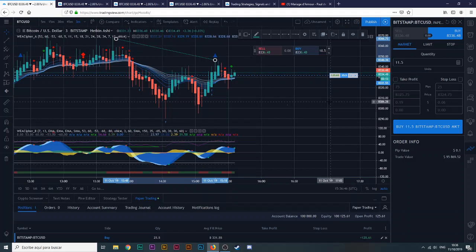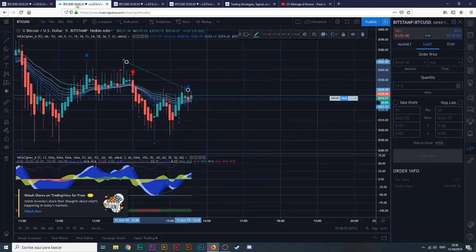So let's watch what happens to the market. We're already in. On the 3-minute, we have a trend reversal signal. On the 5-minute, we have a trend reversal signal. We have a bullish divergence between this blue wave, that blue wave, this high point, and this low point.